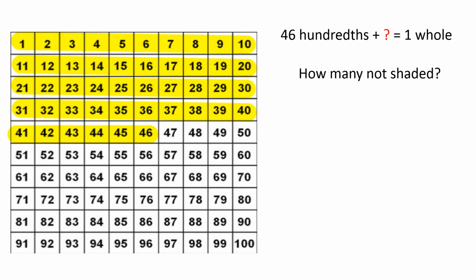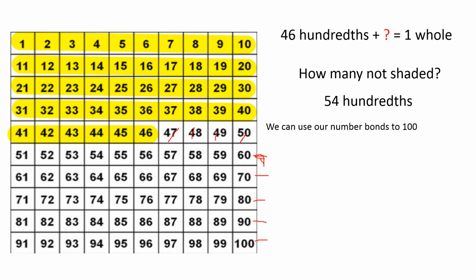So you could count in tens. 10, 20, 30, 40, 50, and 51, 52, 53, and 54. So 54 hundredths are not shaded, not colored in.